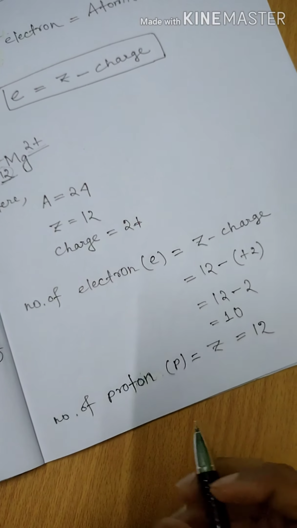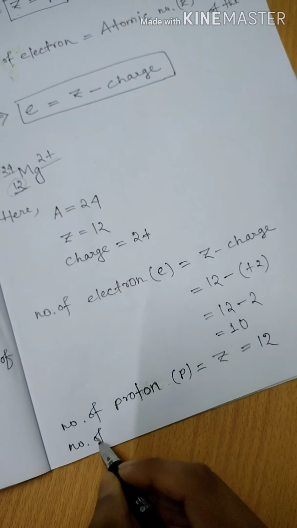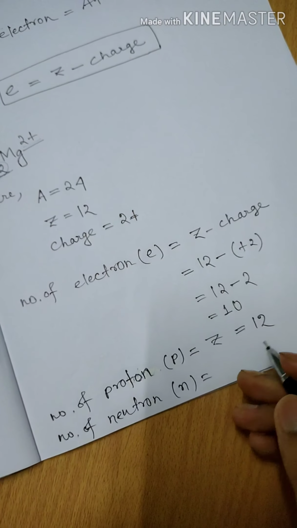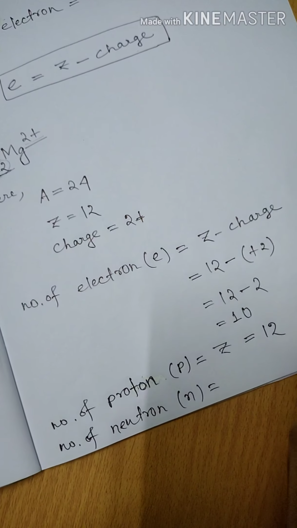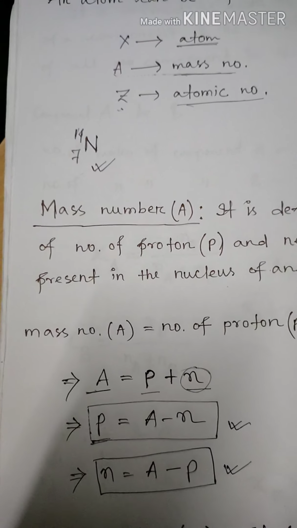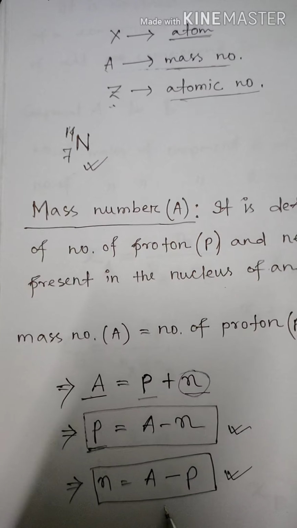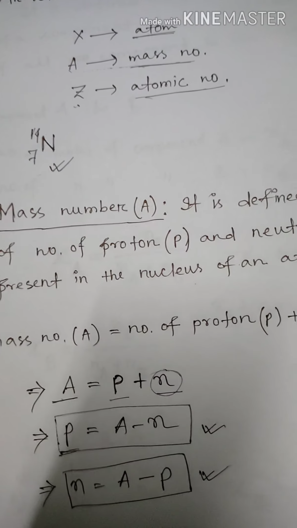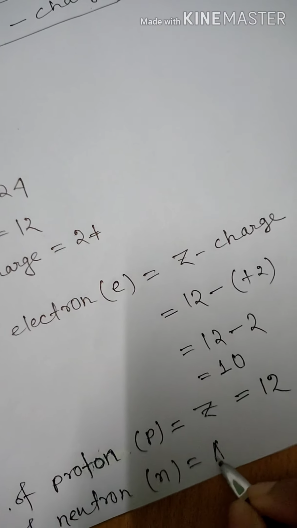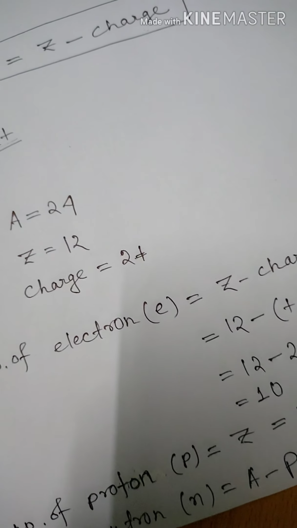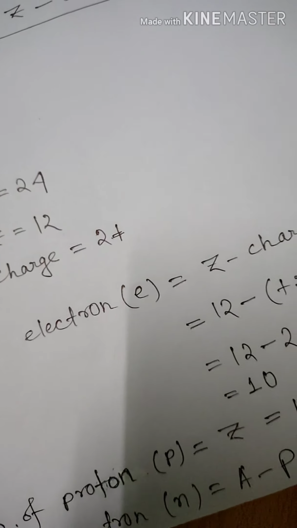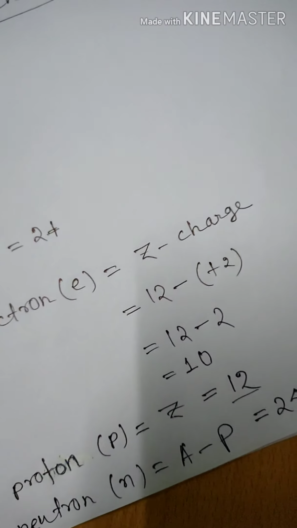Now we have to find the number of neutrons. What was the formula for neutrons? The formula was A minus P, that is, mass number minus protons. Here the mass number is 24 and the number of protons is 12.